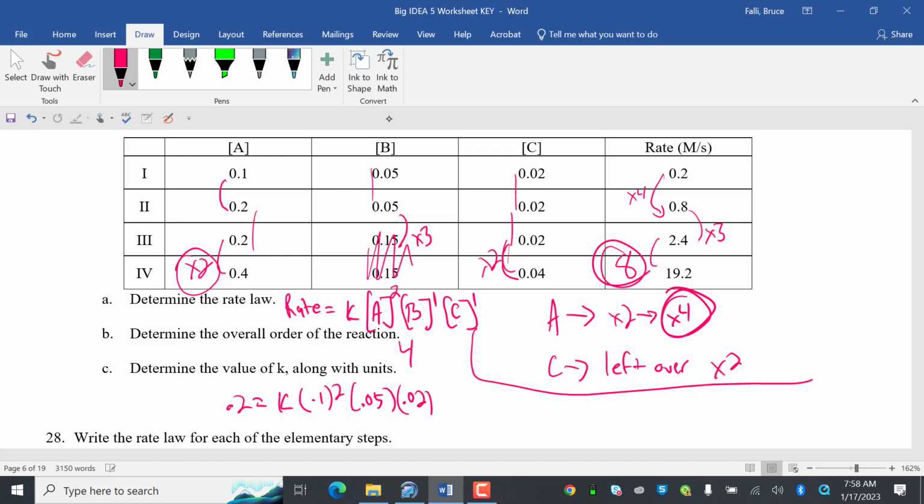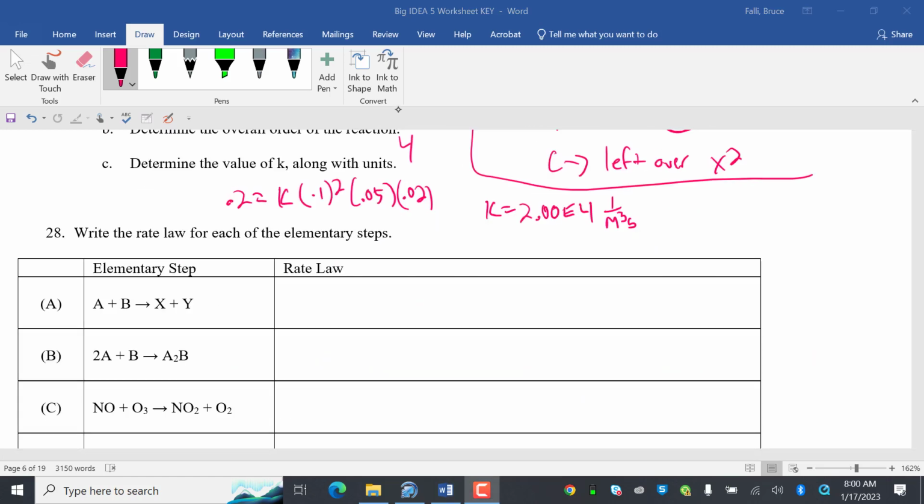And I'm going to have K equals 0.2 divided by 0.1 squared divided by 0.05 divided by 0.02, and that's going to be 20,000. I'm going to make that 3 sig figs, 2.00E4, and then this is fourth order, so it's going to be 1 over molarity cubed seconds.